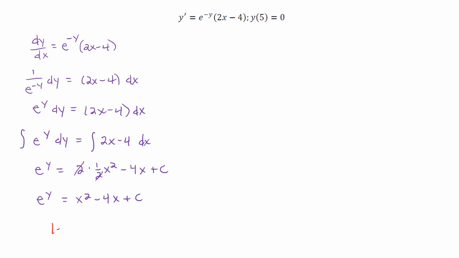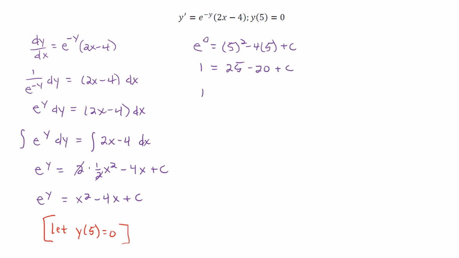So we're going to let y of 5 equals 0. So when we do that, we now have e to the 0 equals 5 squared minus 4 times 5 plus c. e to the 0 is 1. 5 squared minus 20 plus c. So 1 equals 5 plus c.